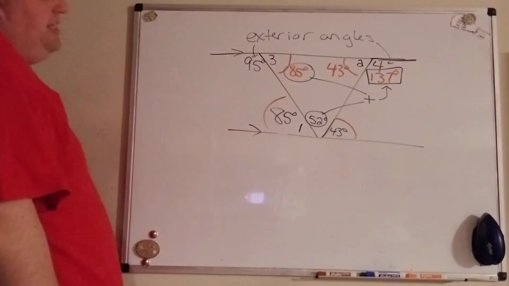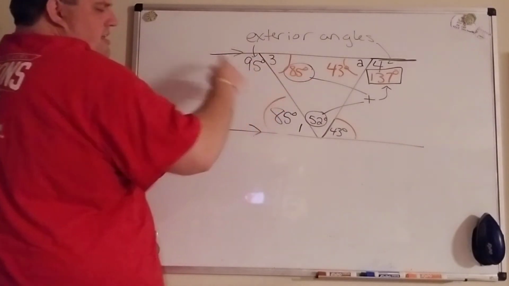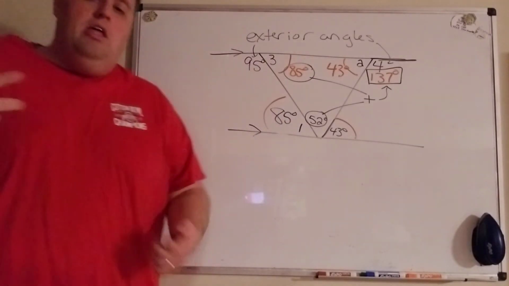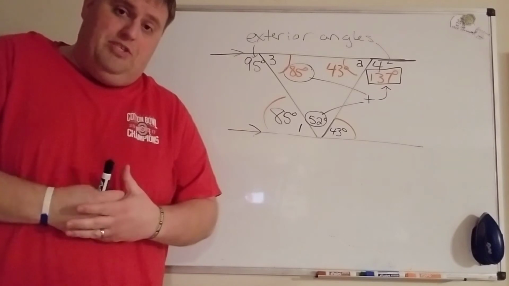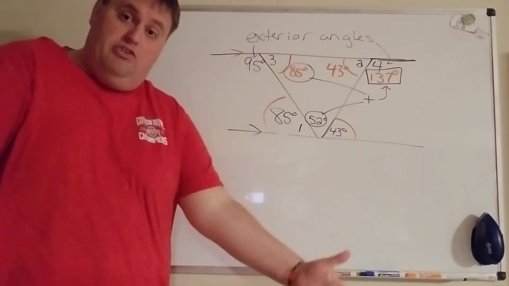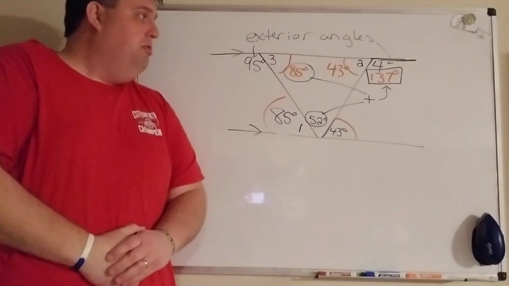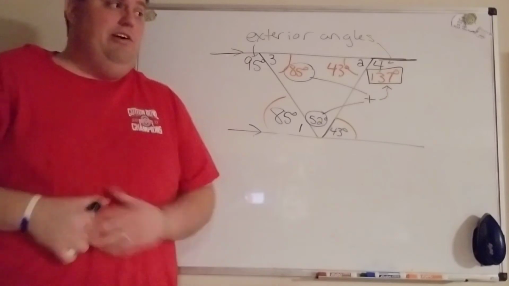And again, if you do 180 minus 85, you can see it's going to be 95. So the exterior angle is always going to add up to the 2 other remote interiors. That's only for a triangle, but it's super cool, and something really interesting to do with exteriors.